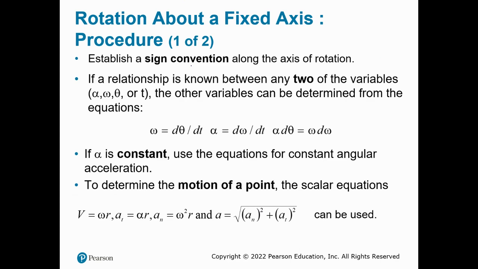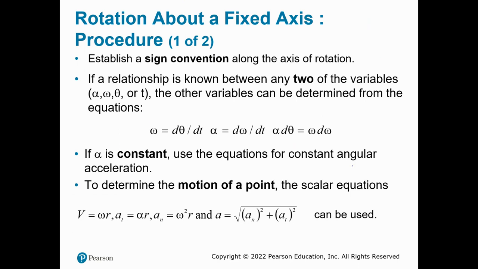We're going to establish this sign convention along the axis of rotation. If a relationship is known between any two of the variables alpha, omega, theta, or t, the other variables can be determined from the equations. Omega equals d theta dt, alpha equals d omega dt, and alpha d theta equals omega d omega. Under the condition that alpha is constant, we have constant angular acceleration.